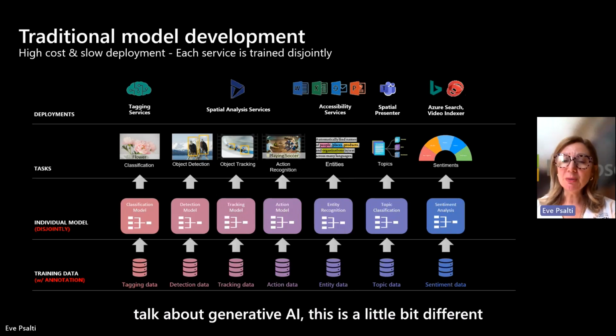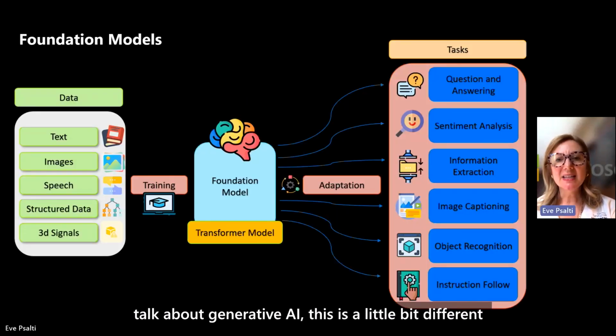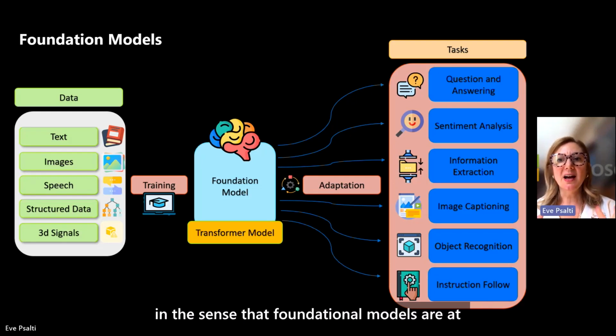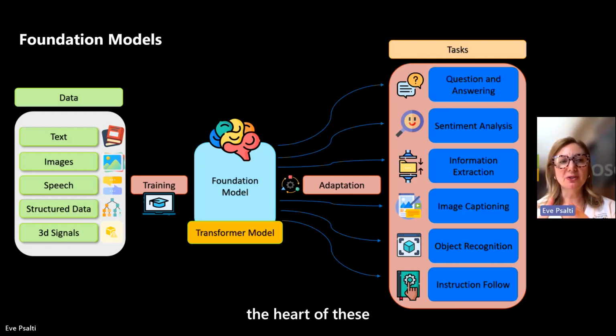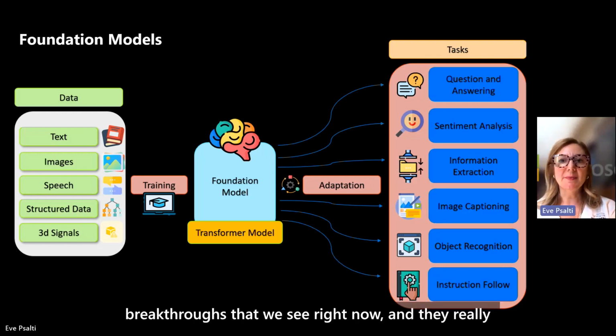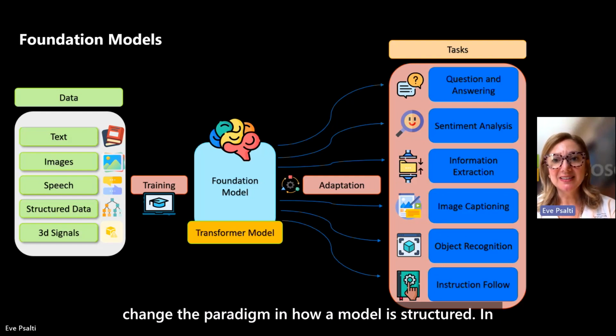So when we talk about generative AI, this is a little bit different in the sense that foundational models are at the heart of these breakthroughs that we see right now. And they really change the paradigm in how a model is structured.